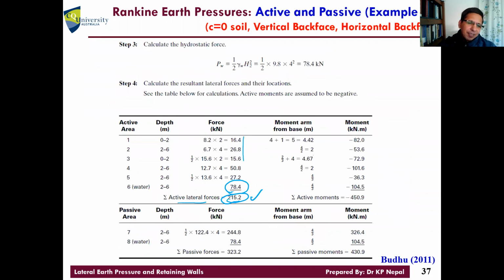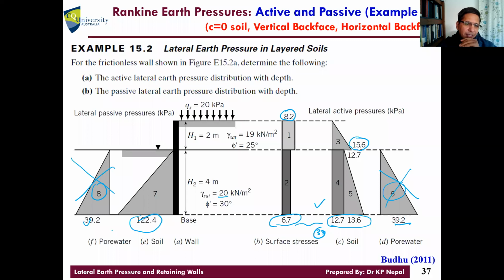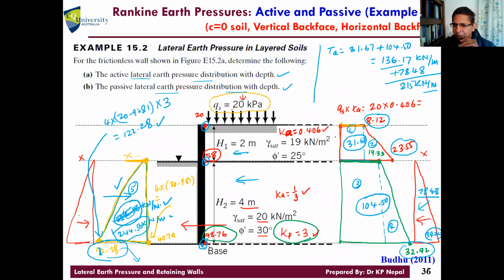How about the passive? Passive, how much did we get? Passive force is 244.56, but there is water also. How much did we calculate? 78.48, right? If you sum them together, how much would it be? 244.56 plus 78.48.